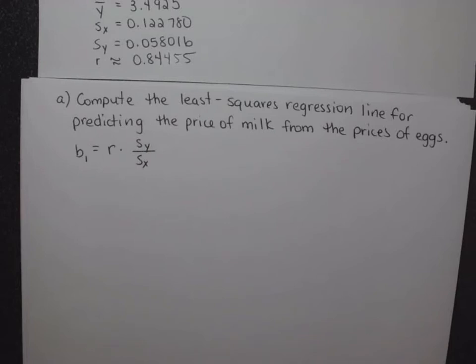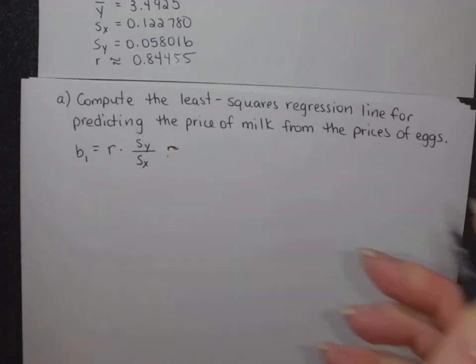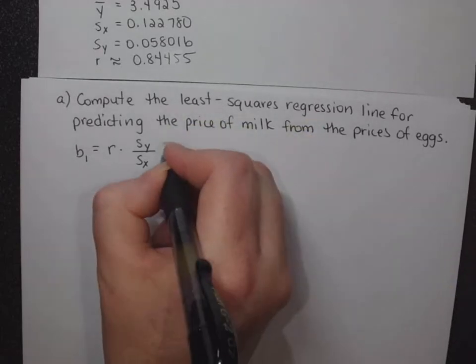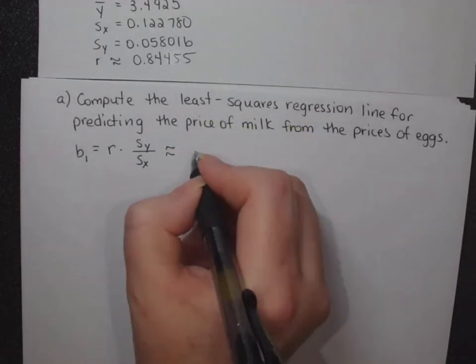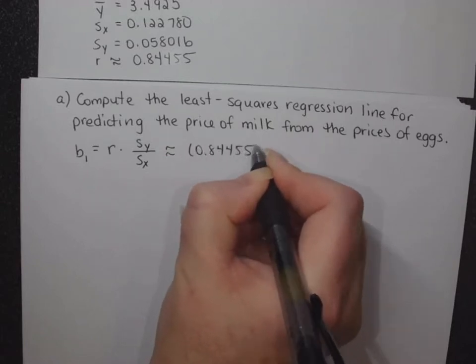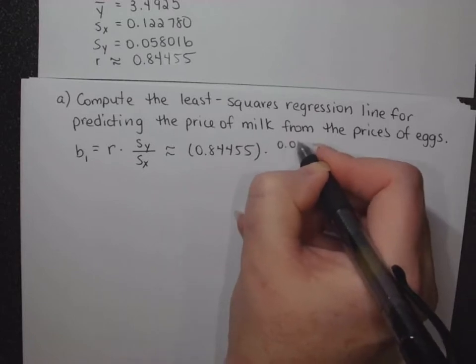Or what the answer is, just 6 decimal places. All right, so this is going to be approximately, since R is not exact anyway, and we're going to multiply that by this fraction.